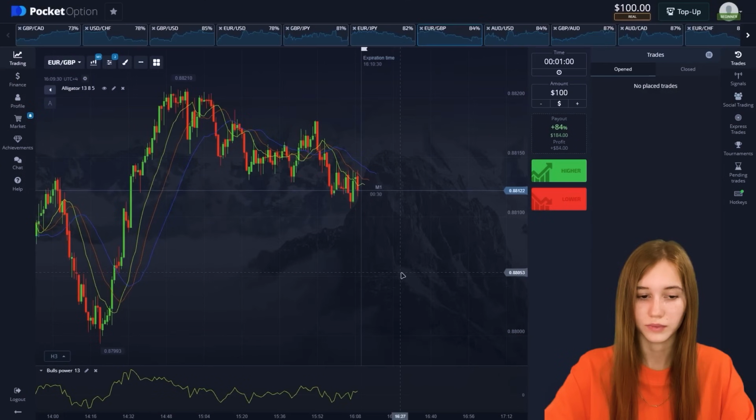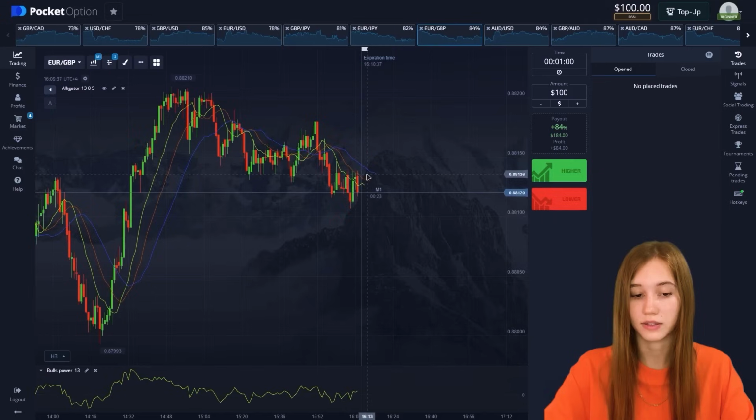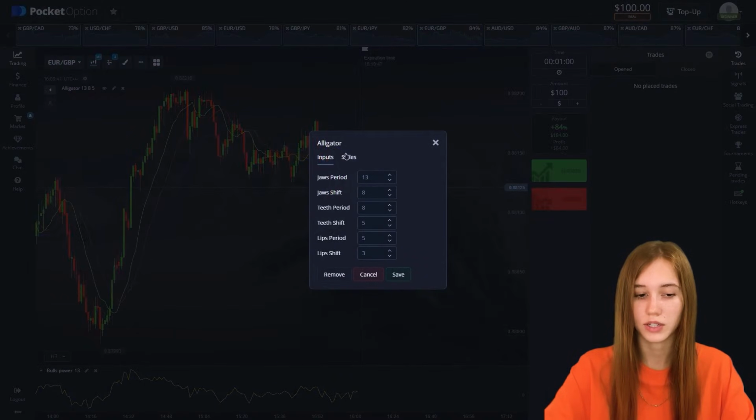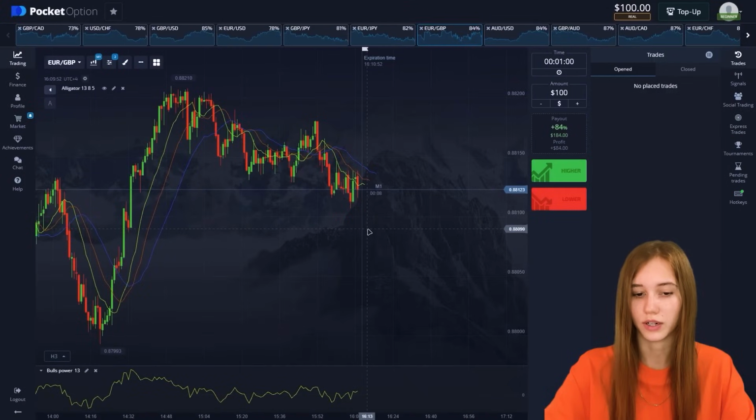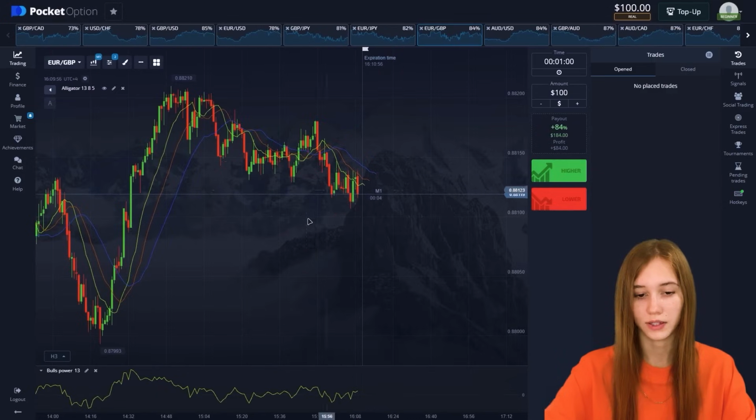So you can copy. If you see that the moving average is directed downward and the blue line is on the top, for example, like this, then a downward trend has formed. If the green line, or the lips of the alligator, and the moving average are directed upwards, then you have a bullish trend. So you can see it.